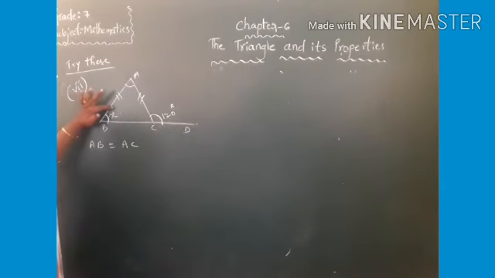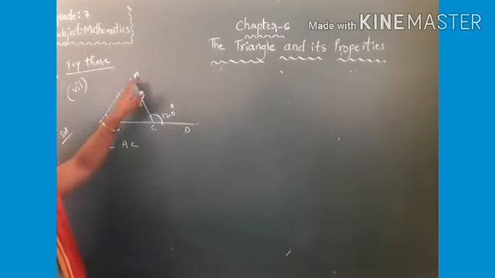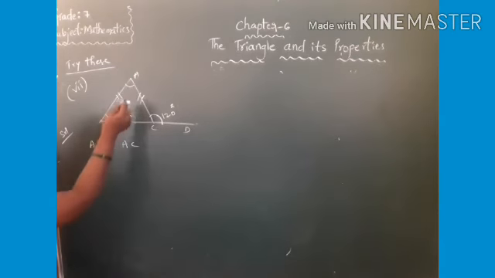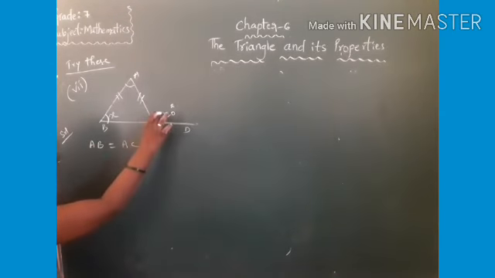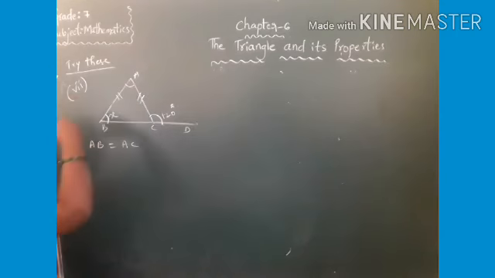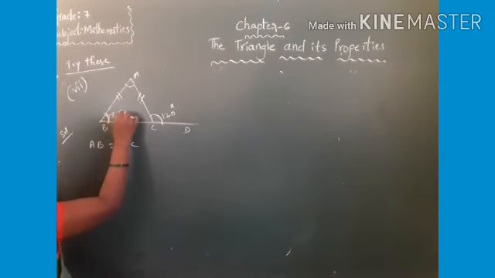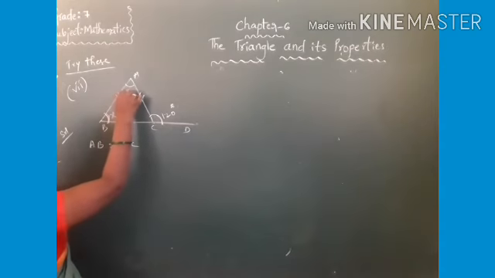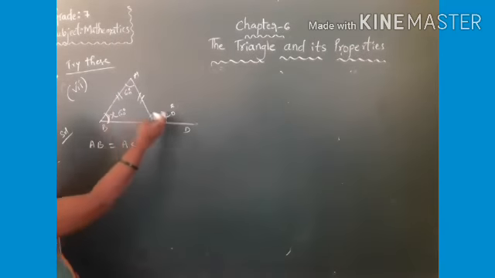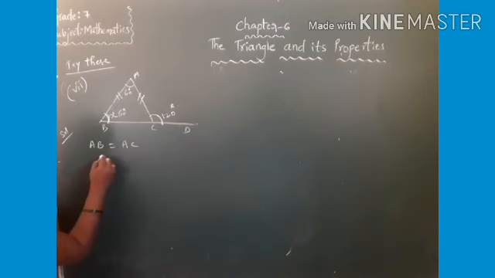How much will be there for x and angle A? These two sides are equal. So 120 degrees means if you take x value as 60 degrees and A value as 60 degrees, only then it gives 120 degrees.